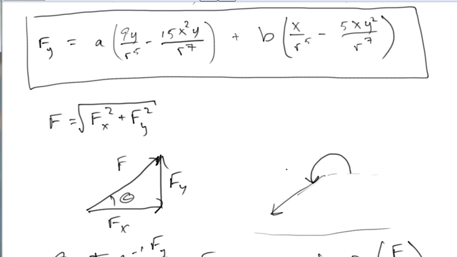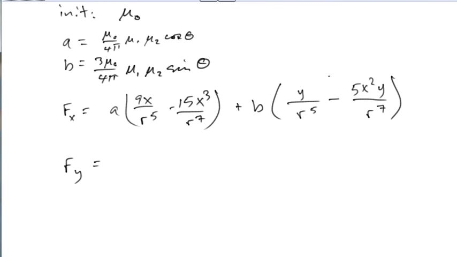So A times 9y over r to the 5th minus 15 x squared y over r to the 7th. So same as up here, except one of the x's in each case gets replaced with a y.